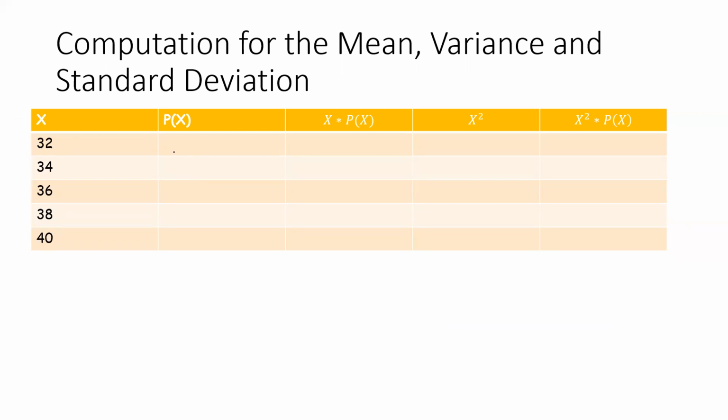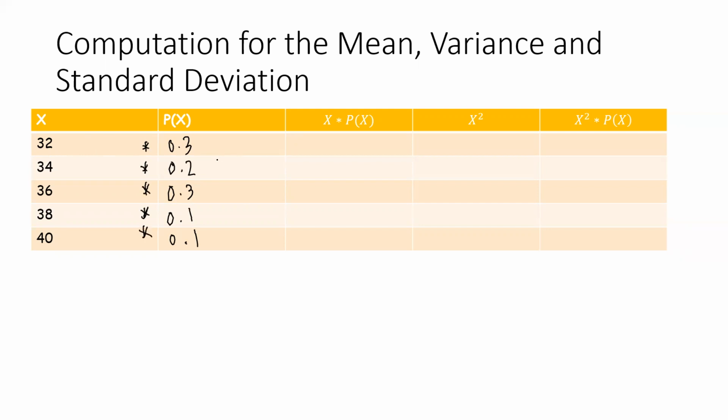Recalling the probabilities, for number 32, we have 0.3, 0.2, 0.3, 0.1, and 0.1. To multiply these numbers, we find the product. It will be 32 times 0.3. Then we're going to do the same thing with the other numbers.